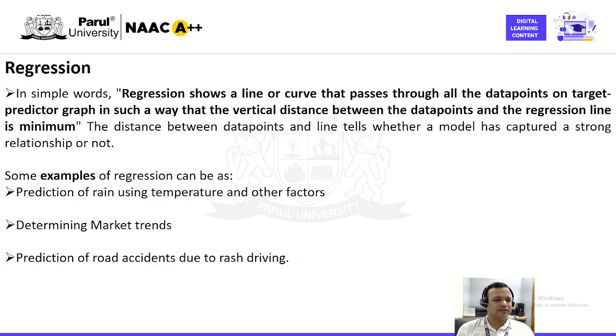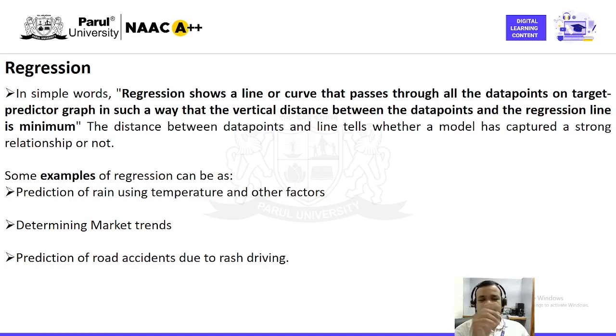Second one is market trends. For example, we already gave the example of a share market price prediction model. Whenever you want to develop a share market price prediction model, you can go with regression. Another is prediction of road accidents due to rash driving.